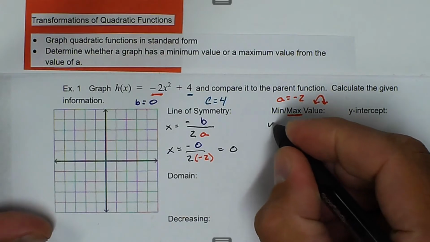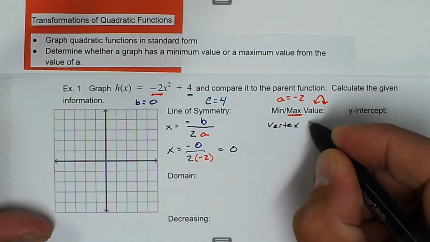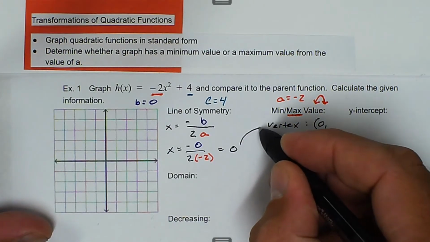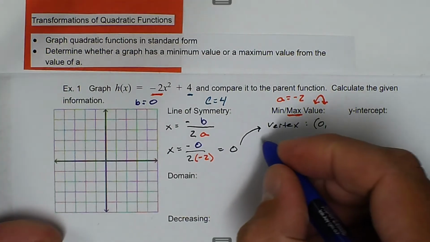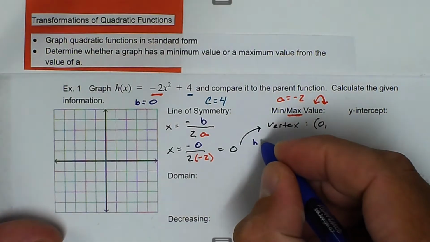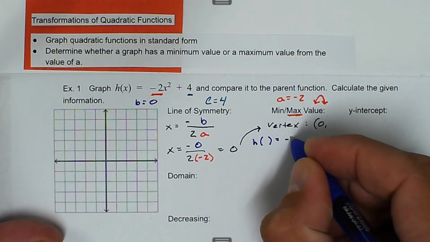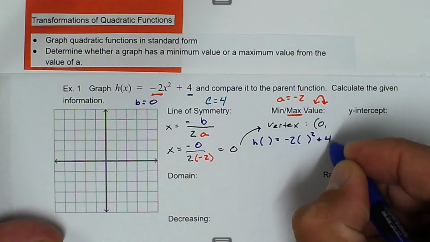So for our vertex, we know that the x value is going to be 0. And that comes from our line of symmetry. Now, in order to figure out what the y value is, we have to substitute 0 into the equation. So we're going to calculate h of 0 is equal to -2 times 0 squared plus 4.